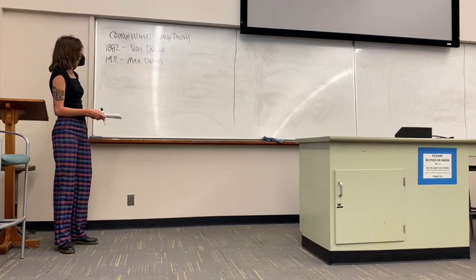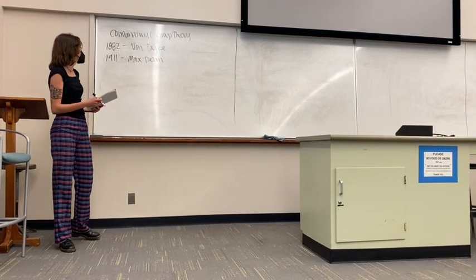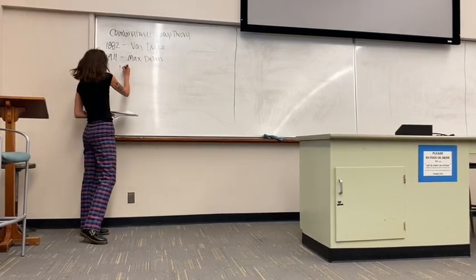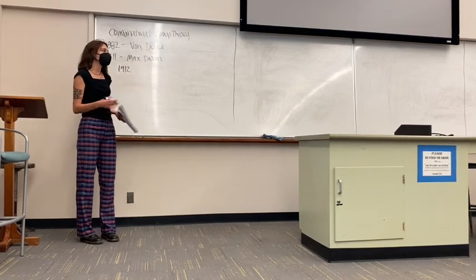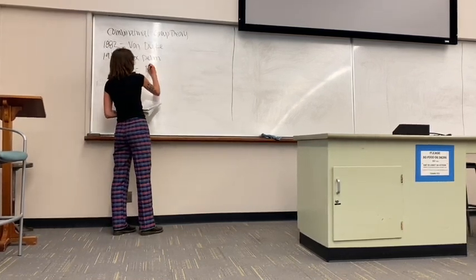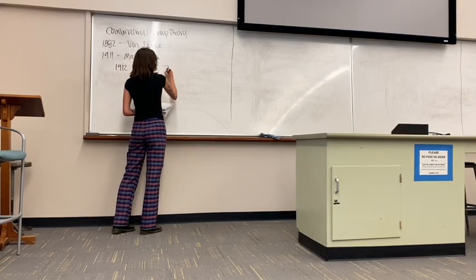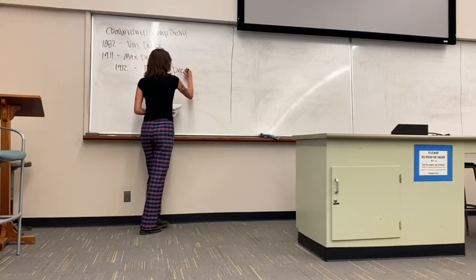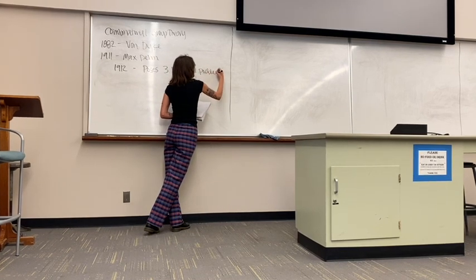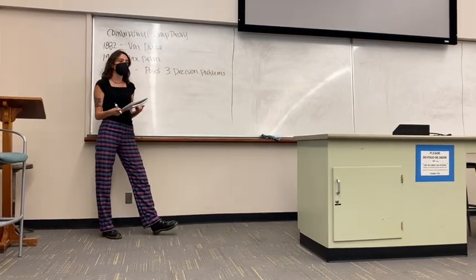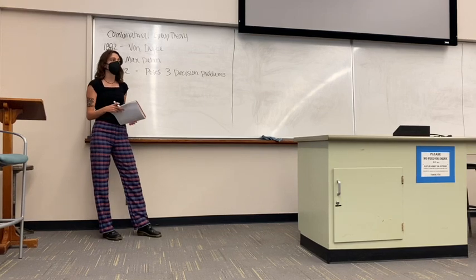And then in 1912, the next year, he publishes a new paper where he poses his three decision problems. And so these decision problems are the word, conjugacy, and isomorphism problem.